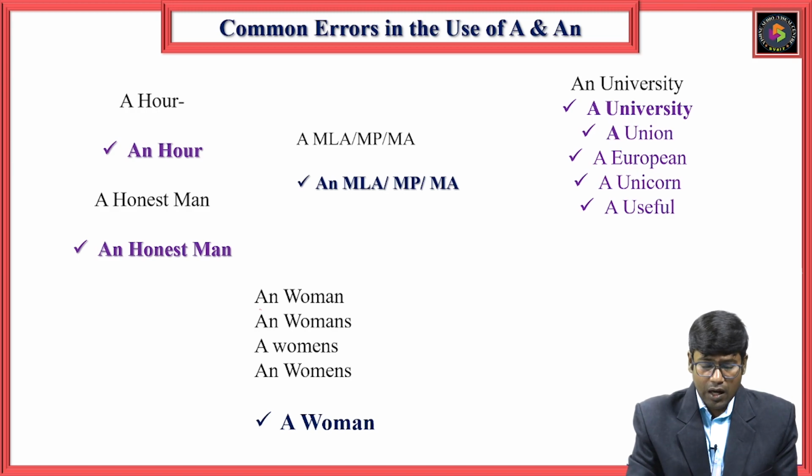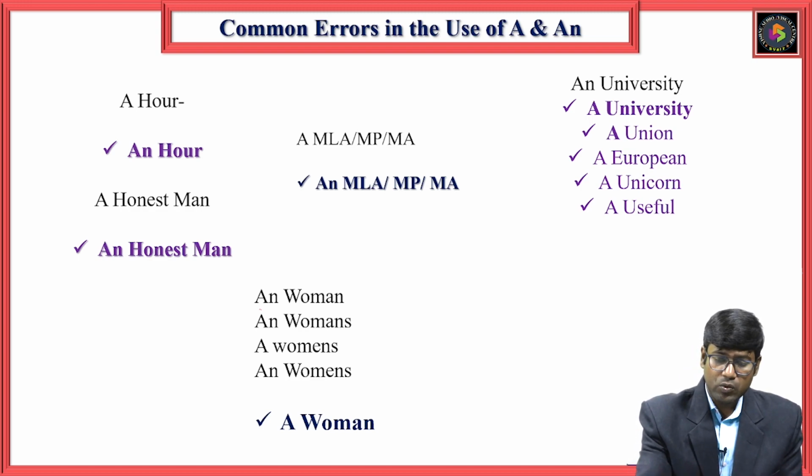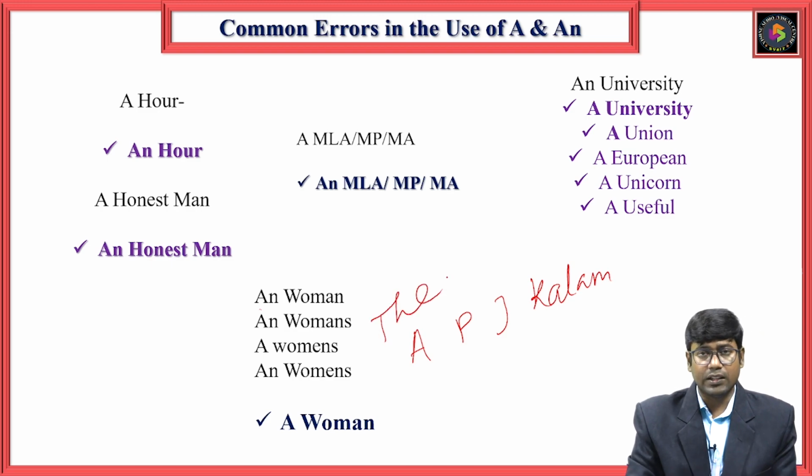Otherwise, we know the use of a and the. Another kind of error I found in the classroom is that they use an article before anyone's name. Suppose APJ Abdul Kalam, they often say the APJ Kalam, like this.